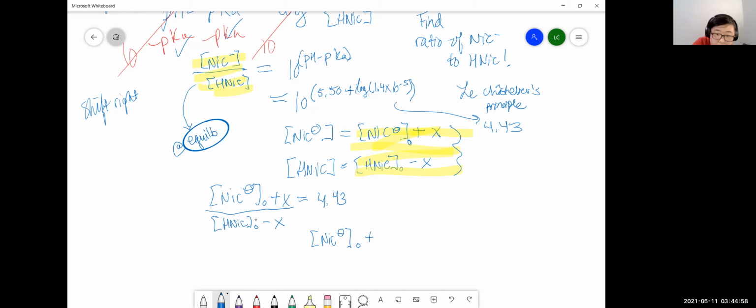Nic minus initial plus X equals 4.43 times HNic naught minus 4.43 X. And so when you combine these, you get 5.43 X, 4.43 HNic naught equals that. And we were given these originally.